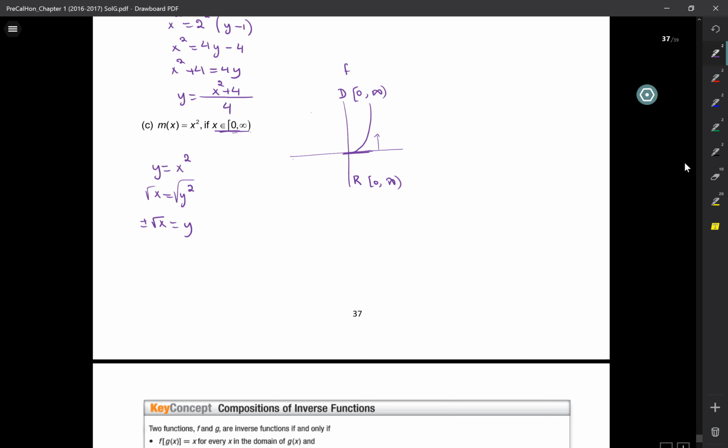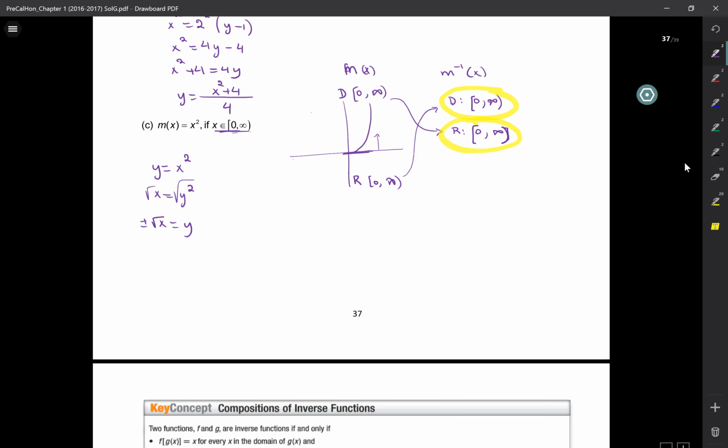So these are for m of x, sorry. So for m inverse of x, the domain and range are going to switch, right? So this is going to become the domain. And yeah, they're all the same, so we're just swapping around the same exact thing. And the range is going to be 0 to infinity. But the moral of the story is the domain of the inverse is 0 to infinity, and the range of the inverse is 0 to infinity.